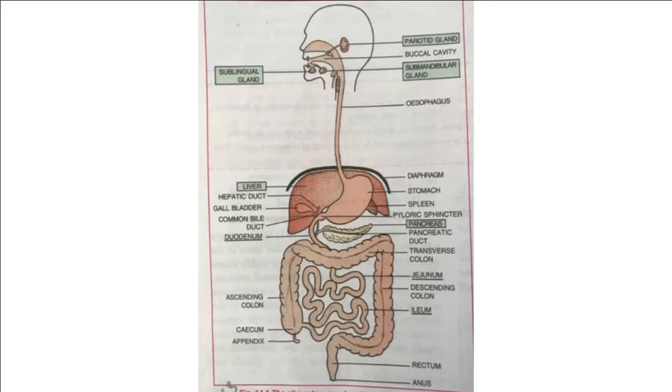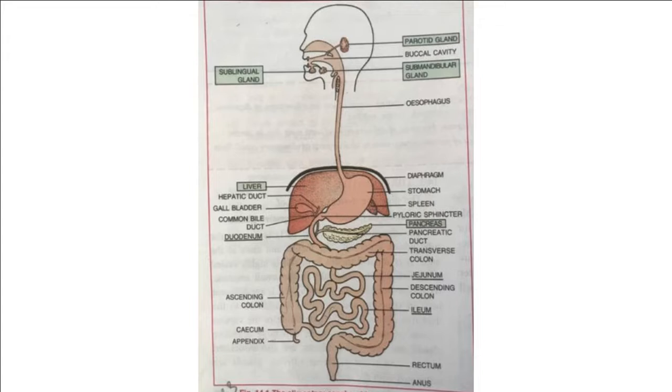Saliva will be produced by the 3 pairs of salivary glands here. The 3 pairs of salivary glands are sublingual glands, parotid glands and submandibular glands. These 3 pairs of salivary glands will secrete the saliva, which will help in mixing food with the saliva in the buccal cavity, nothing but the mouth.